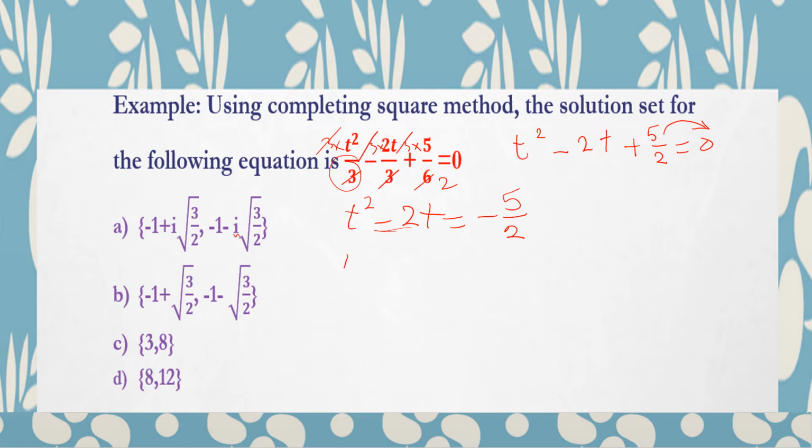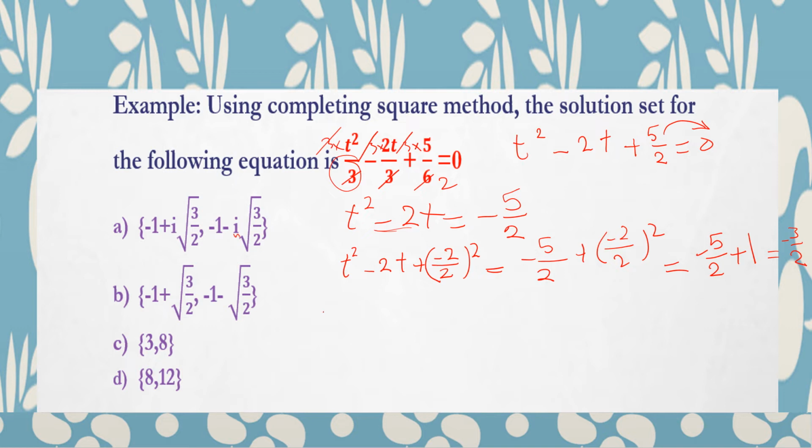So t squared minus 2t plus minus 2 over 2 whole squared equals minus 5 over 2 plus minus 2 over 2 all squared, which is minus 1. Minus 1 squared equals 1. And this equals minus 5 over 2 plus 1. So by normalizing the denominator, this would equal minus 3 over 2.